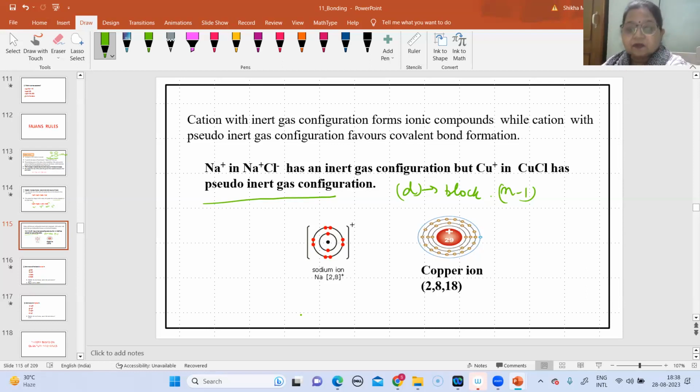On the other hand, we have ions which have an actual inert gas configuration. That means S and P block elements can have an inert gas configuration for sure. So the rule says that a cation with the exact inert gas configuration will be more ionic, while a cation with pseudo-inert gas configuration will be more covalent. Copper, being a d-block element, will form a more covalent compound as compared to sodium.